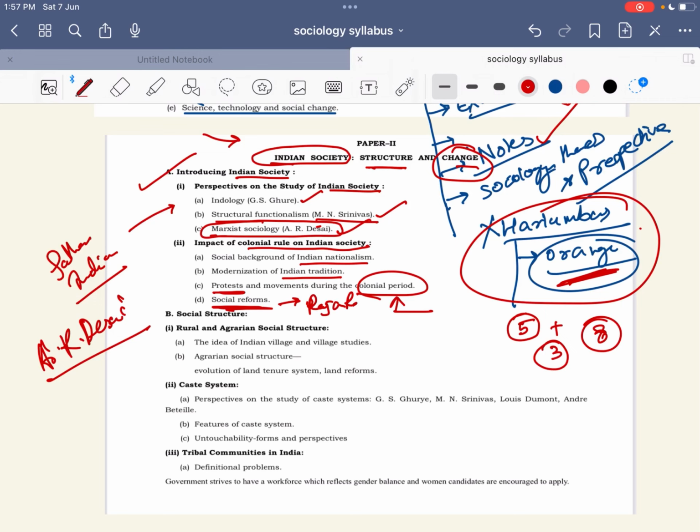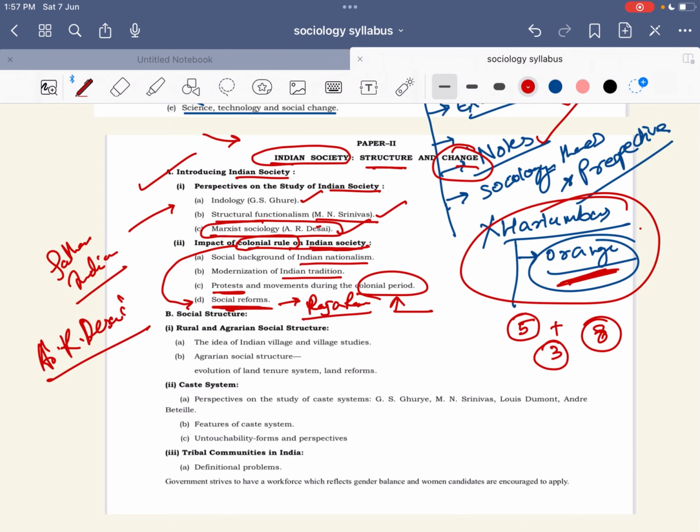Understand? तो मैं क्या बोलना चाहता हूँ कि जब हम इंडियन सोसाइटी के बाद पेपर 2 में जब आएंगे सोशल रिफॉर्म में, और स्पेशली यहाँ पे क्या लिखा है, इम्पैक्ट ऑफ कॉलोनियल रूल ऑन इंडियन सोसाइटी। ये शब्द क्या है, कॉलोनियल रूल, और कॉलोनियल रूल और सोशल रिफॉर्म, तो ये उस टाइम का पूछ रहा है। तो राजा राम मोहन रॉय, ये सब जितने भी हैं social reformers, that we should study in detail and make their notes. Then only we will be in better position to answer those questions if any questions come from this area.